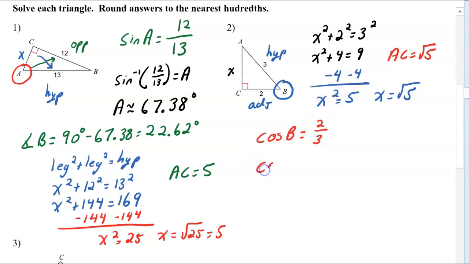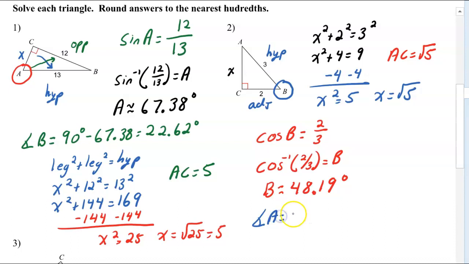On my calculator, I will type inverse cosine of 2/3. That'll be equal to B. So doing that on my calculator, I get angle B is approximately 48.19 degrees.